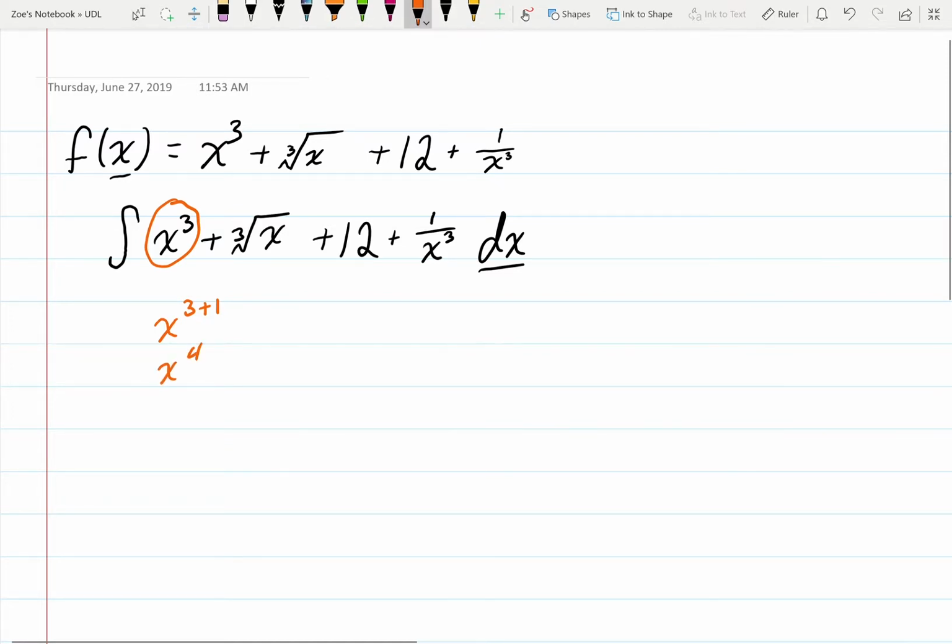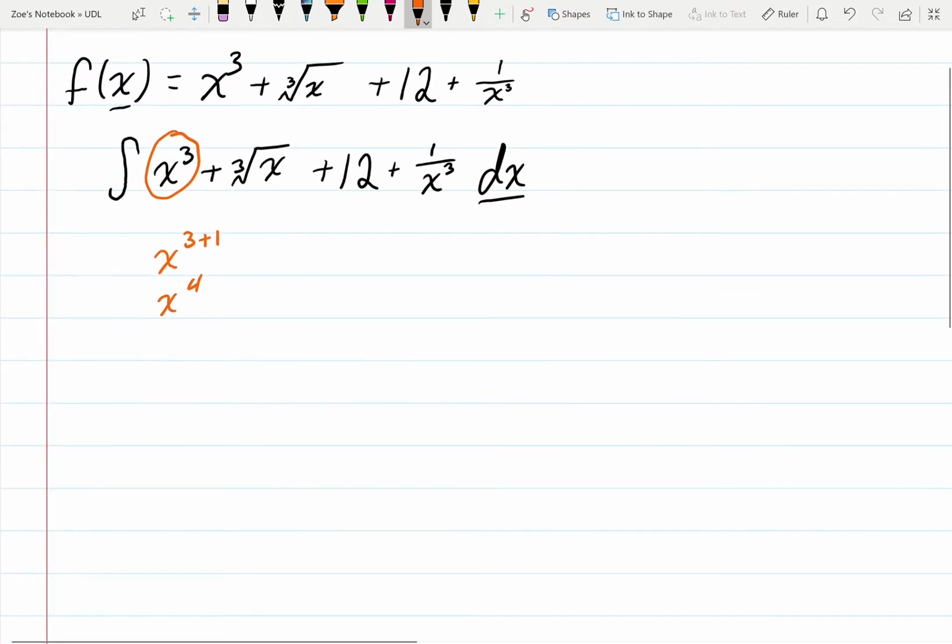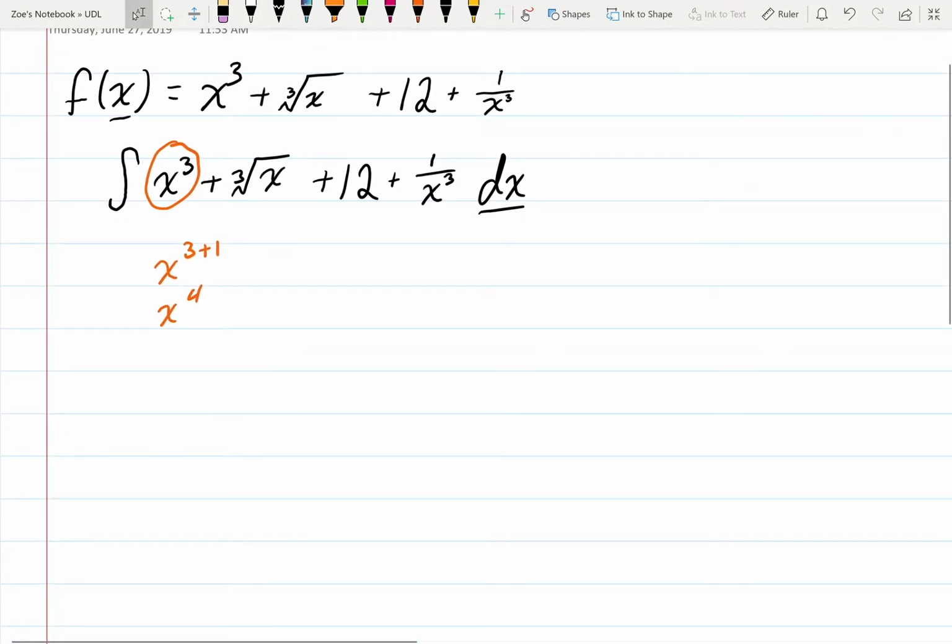However, we can't just leave it as x to the 4th, because if we took the derivative of x to the 4th, you would actually get 4x cubed. And we don't have that here. That's not what this function is. So we need to multiply by 1 over 4. If we took the derivative of that, we would have x cubed and then 4 over 4, which would cancel each other out. So for x cubed, the integral is 1/4 x to the 4th.